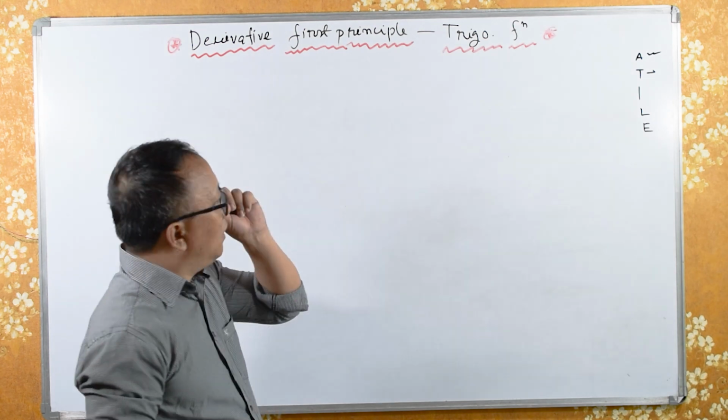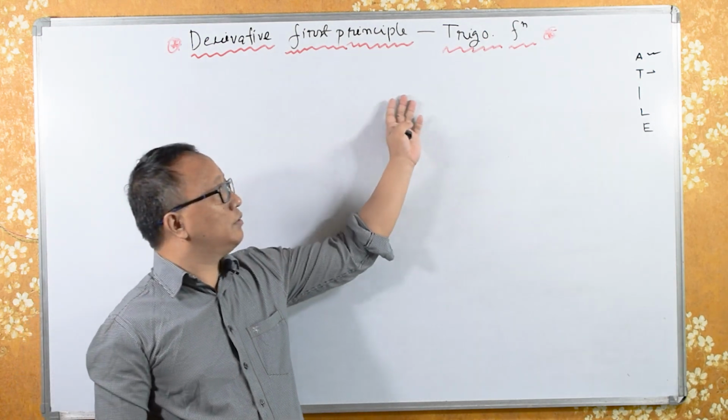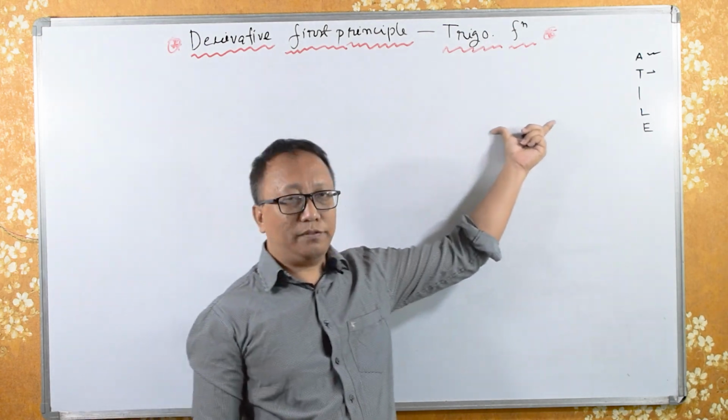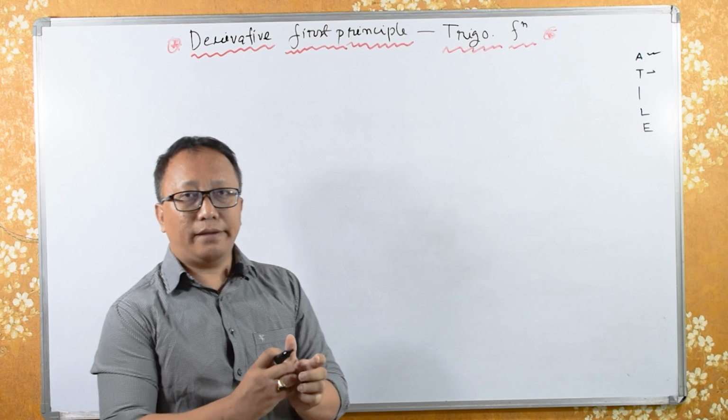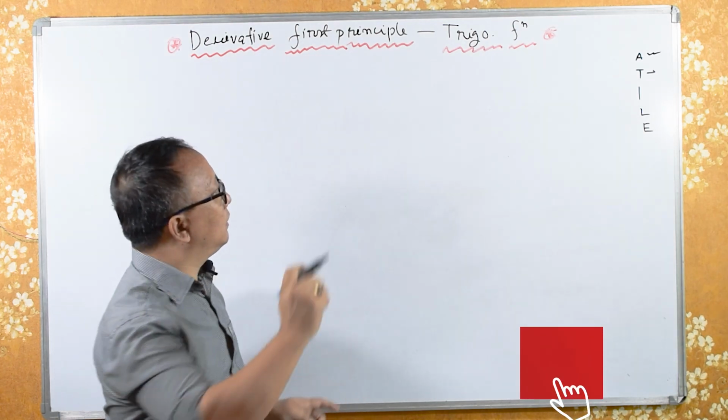Now, in order to continue, we need to have some trigonometric formulas. I will explain briefly some trigonometric formulas and derive them in an easy format as much as I can.